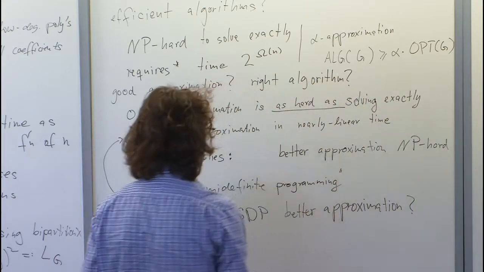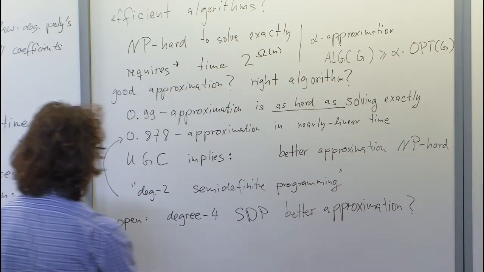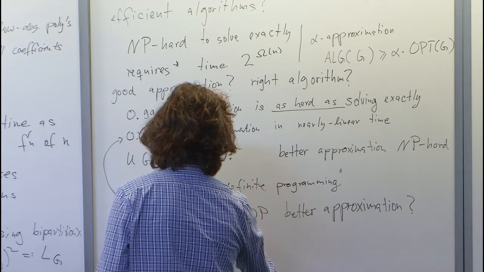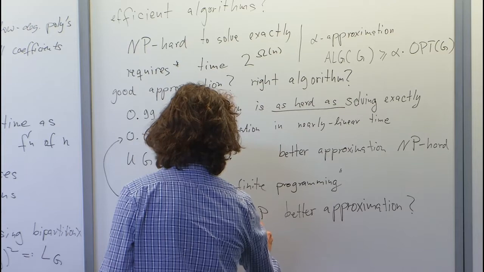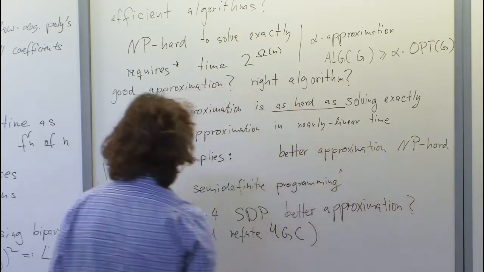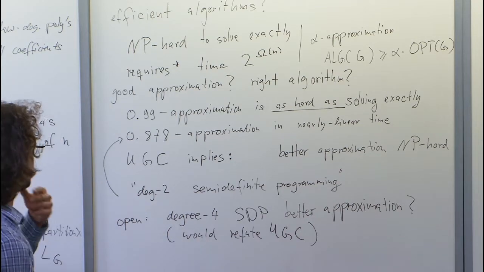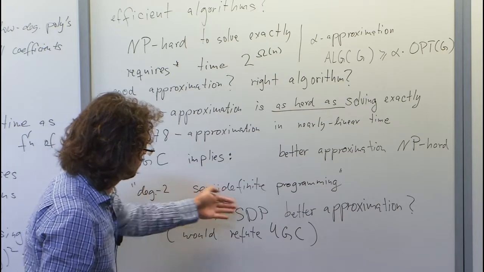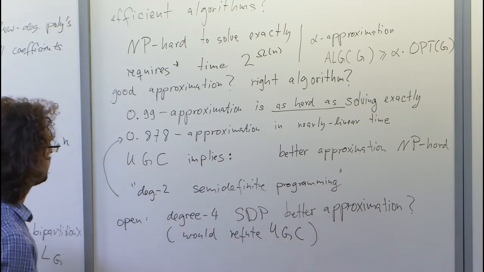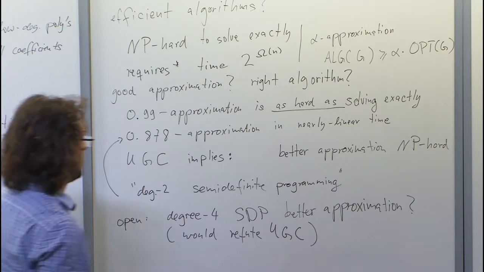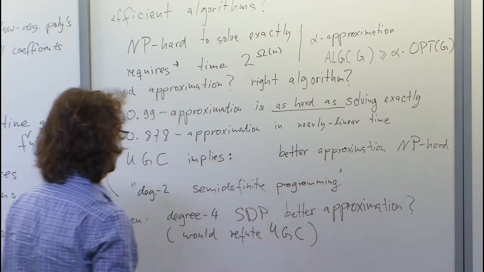If it did, that would refute the Unique Games conjecture. Our inability to show that this version does not refute it explains why we are not super confident in the truth of the Unique Games conjecture.